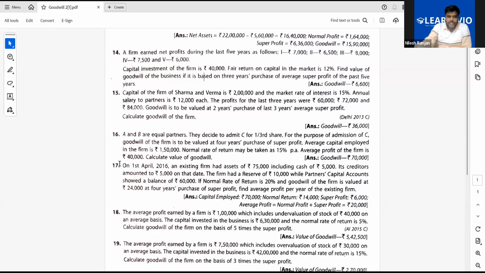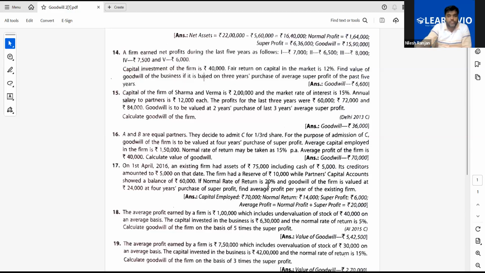Okay, question number 17. On 1st April 2016, an existing firm had asset of 75,000, including cash of 5,000. Its creditor amounted to 5,000 on that date. The firm had a reserve of 10,000 while partners' capital showed a balance of 60,000.